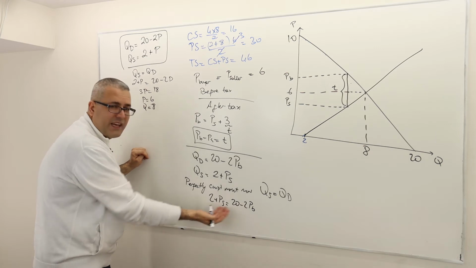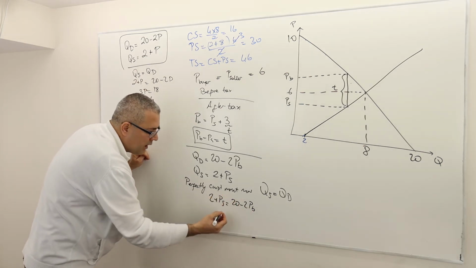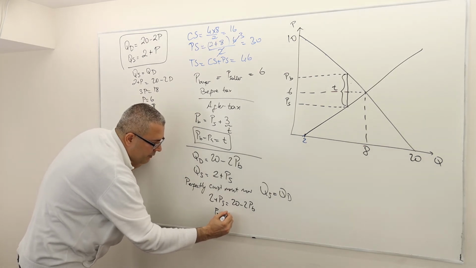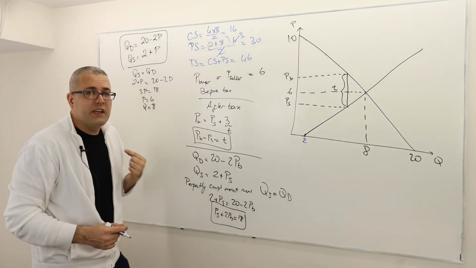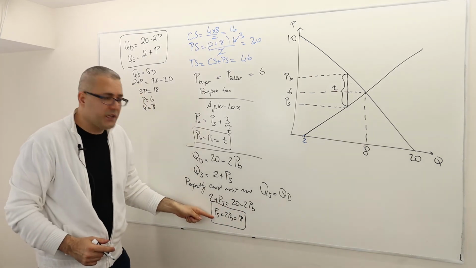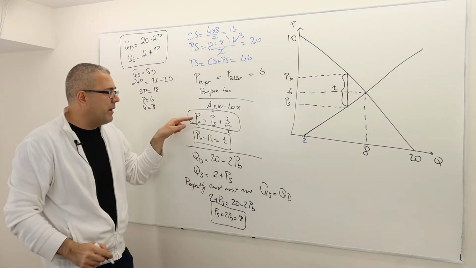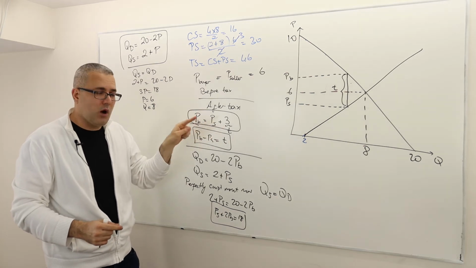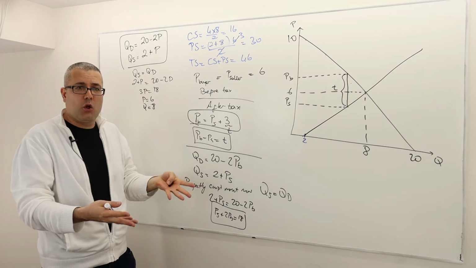I can't solve this obviously because there are two unknowns, but let's simplify it. PS plus 2PB equals 18. The nice thing is I have one equation here and another equation here. The buyer's and the seller's prices must satisfy this equality. So I have two unknowns and two equations, and I can solve them.